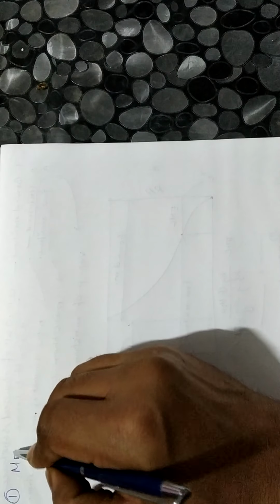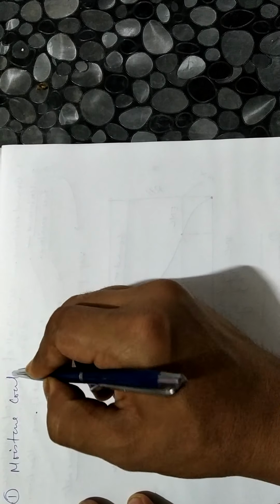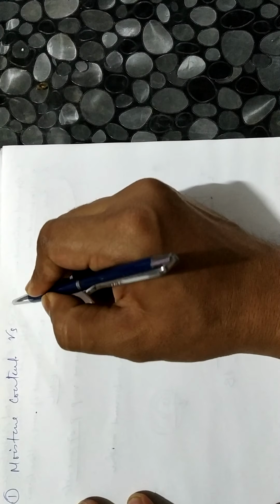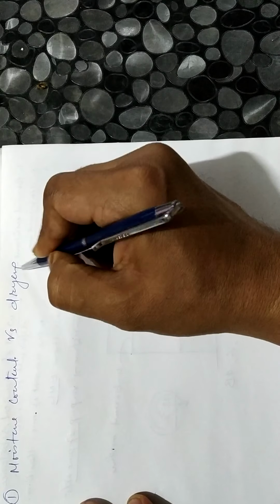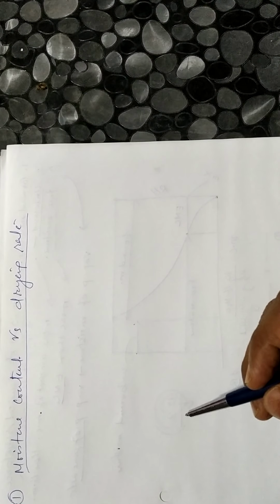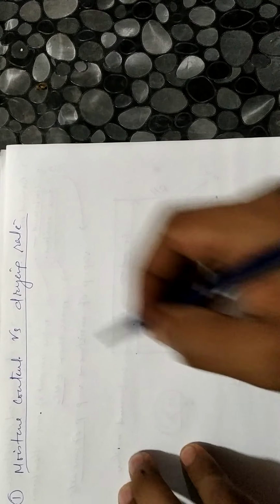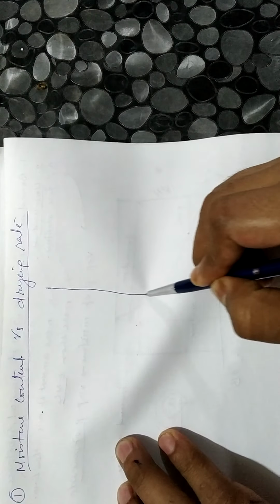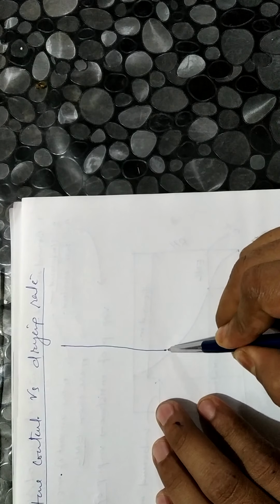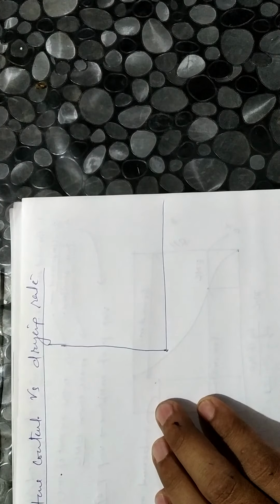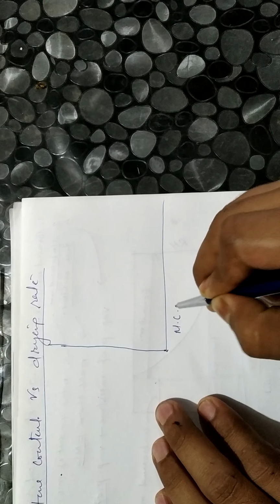The first relationship, between the moisture content versus drying rate, also makes the drying process clear here. This is also called the drying behavior curve. Here, this axis is your moisture content in percentage.